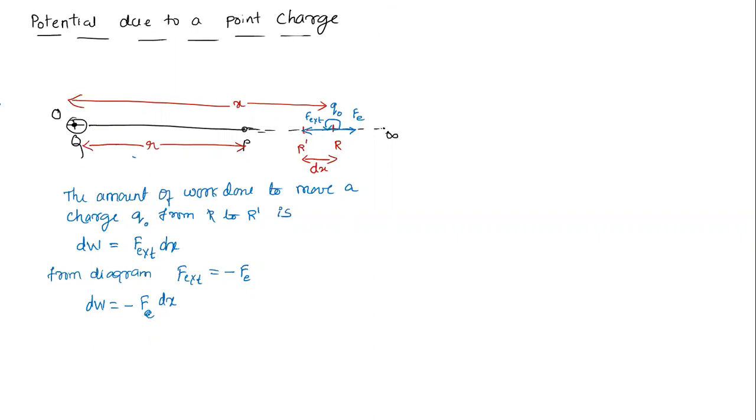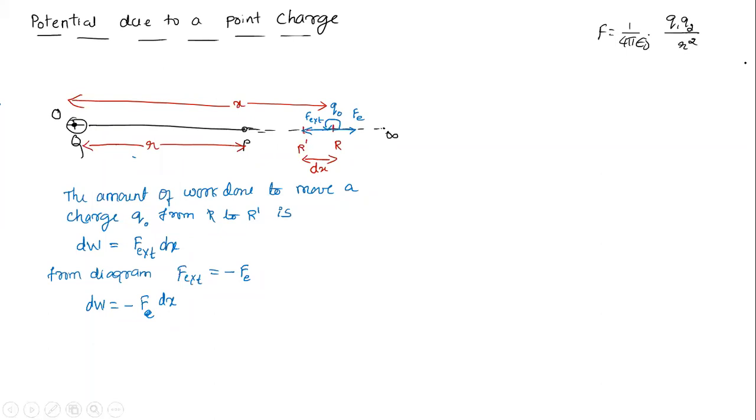Electric force means Coulomb force. What is the Coulomb force formula, students? F equals 1 divided by 4 pi epsilon naught, Q1 Q2 divided by R square.